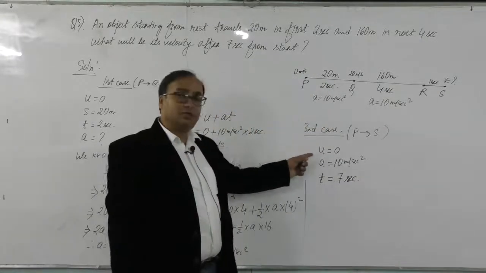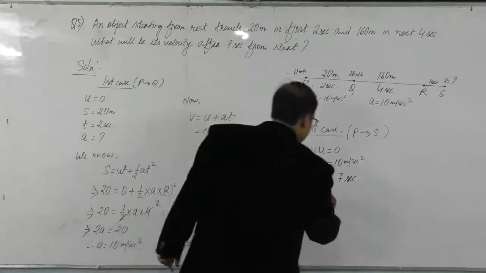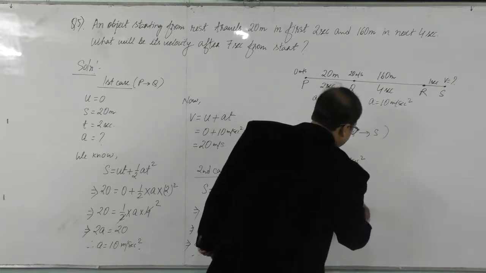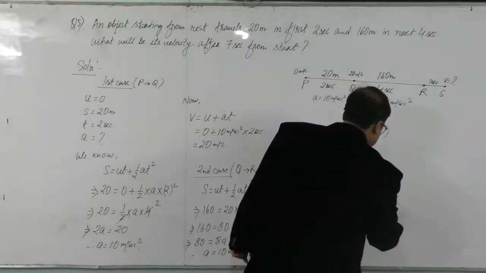Initial velocity is given, acceleration is given, time is given, and we can easily find out the final velocity. We know that V equals U plus AT.